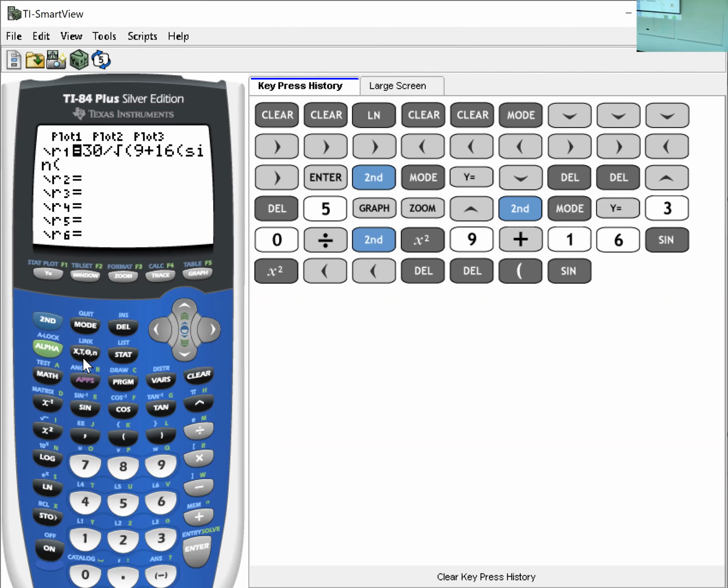When you try to press X, it will automatically convert it to theta because it is in polar mode. Naturally, you might ask, what about the T and the N?